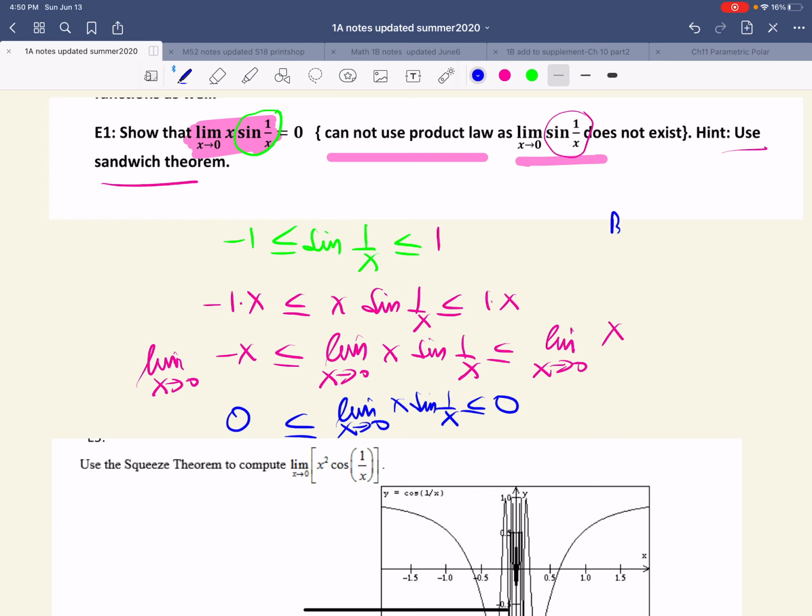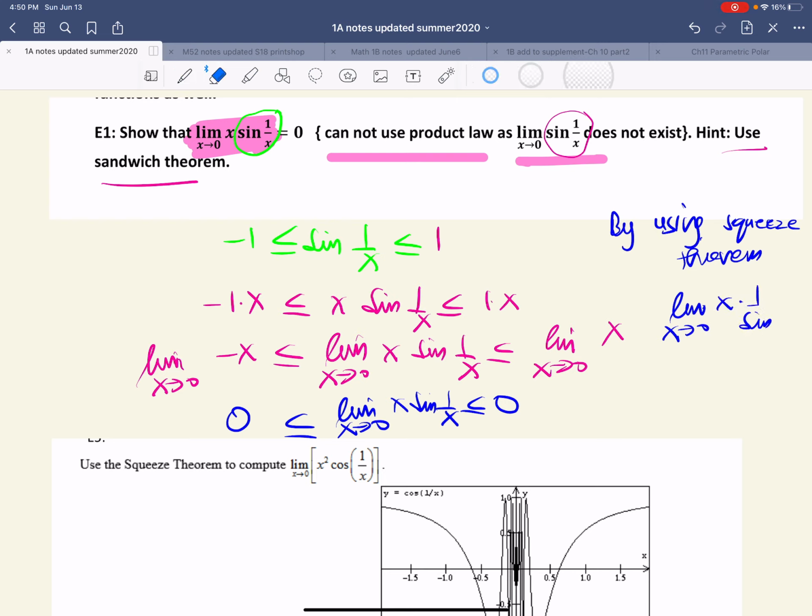So by using the sandwich theorem, the squeeze theorem, we can say the limit as x approaches 0 of x times sine of 1 over x is equal to 0.